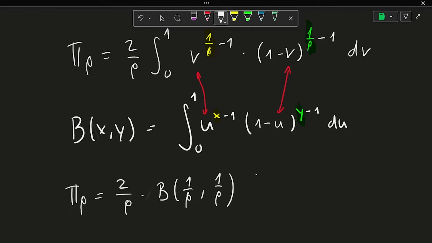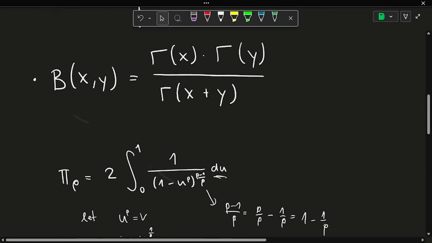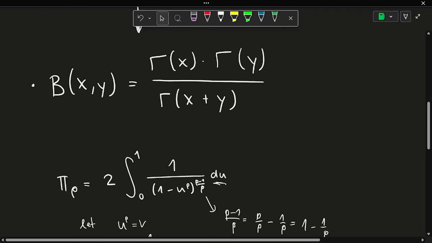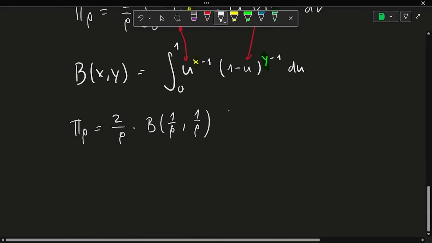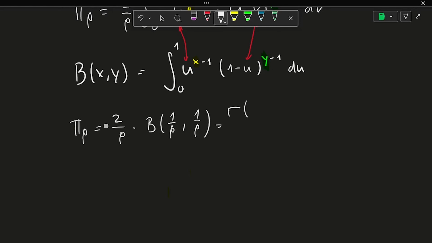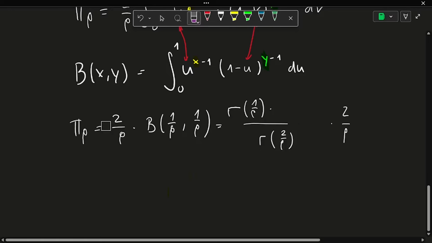And if you recall that identity from before, that relates gamma and beta together, that means we can just multiply and then in the denominator add, which means it becomes gamma of 1 over p times gamma of 1 over p over gamma of 1 over p plus 1 over p, which is gamma of 2 over p, and of course we can't forget here the factor of 2 over p, and then this here just becomes gamma of 1 over p squared.